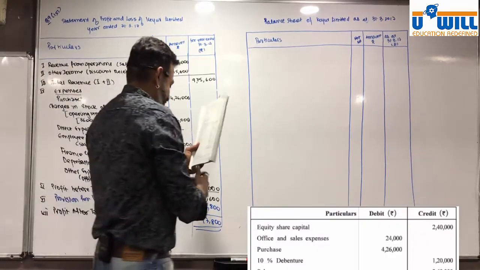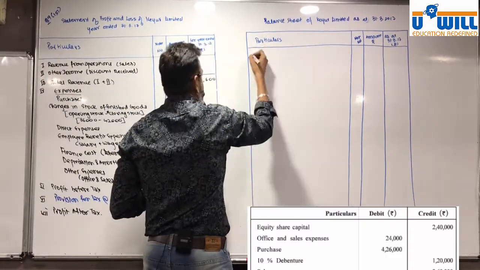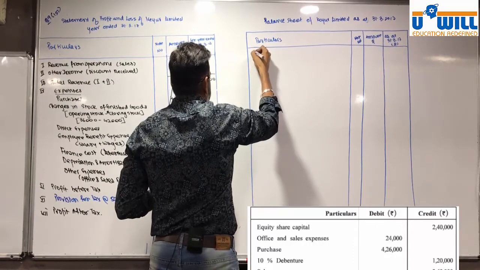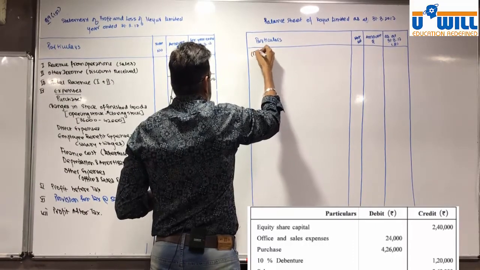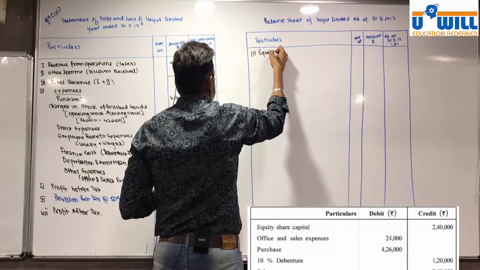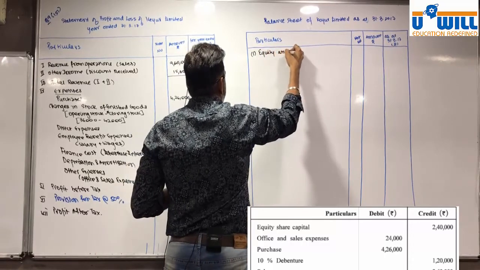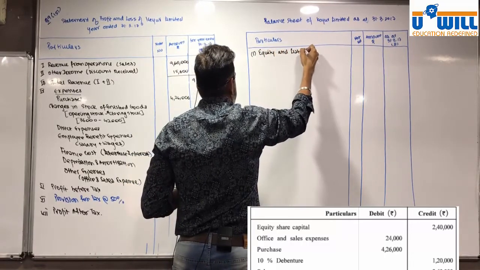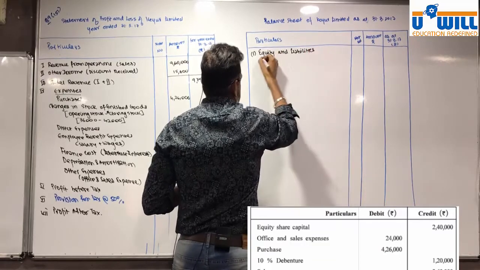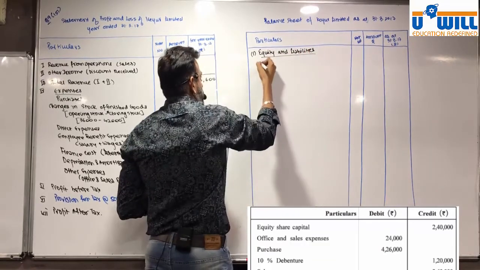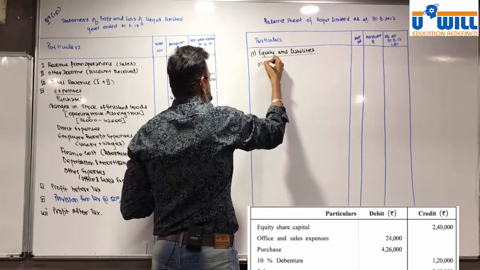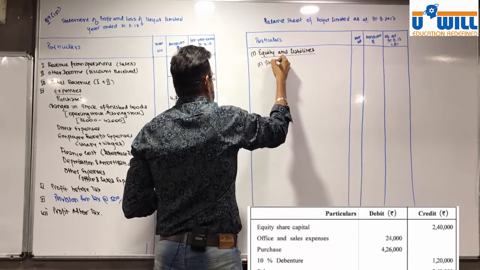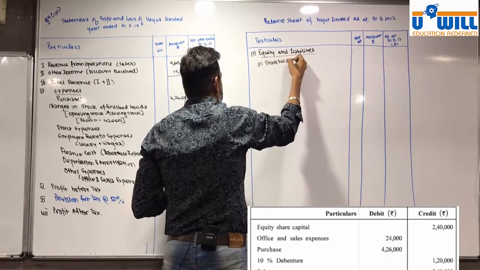Now we start with the heading equity and liabilities. First, shareholders fund.